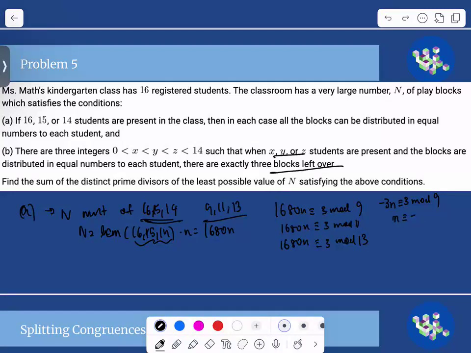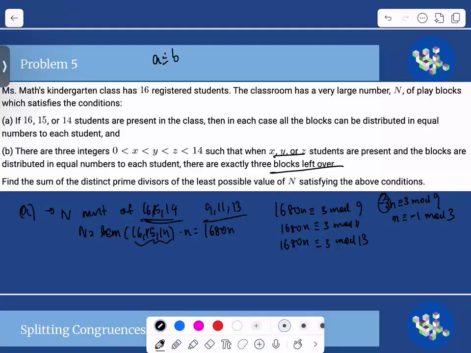Except you would get n is congruent to negative 1 mod 3, because when you do division in modular arithmetic, if I'm dividing by negative 3 on both sides, I have to divide 9 by the GCD of negative 3 and 9, which is 3.